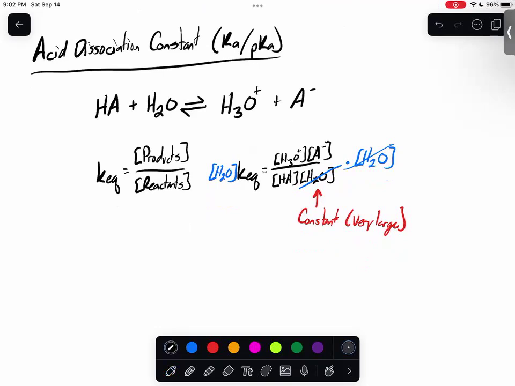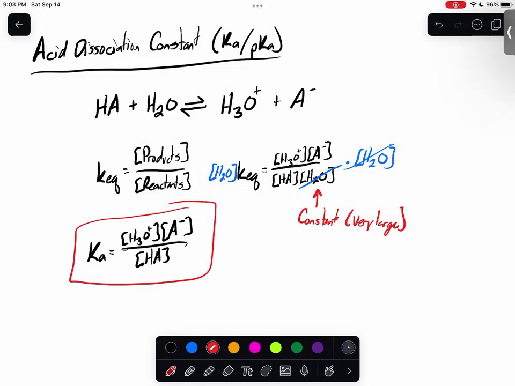Because Ka is the concentration of the generated hydronium times the dissociated acid over HA. And here's the thing, right? This entire equation right here, the whole point of it is it measures the strength of an acid.